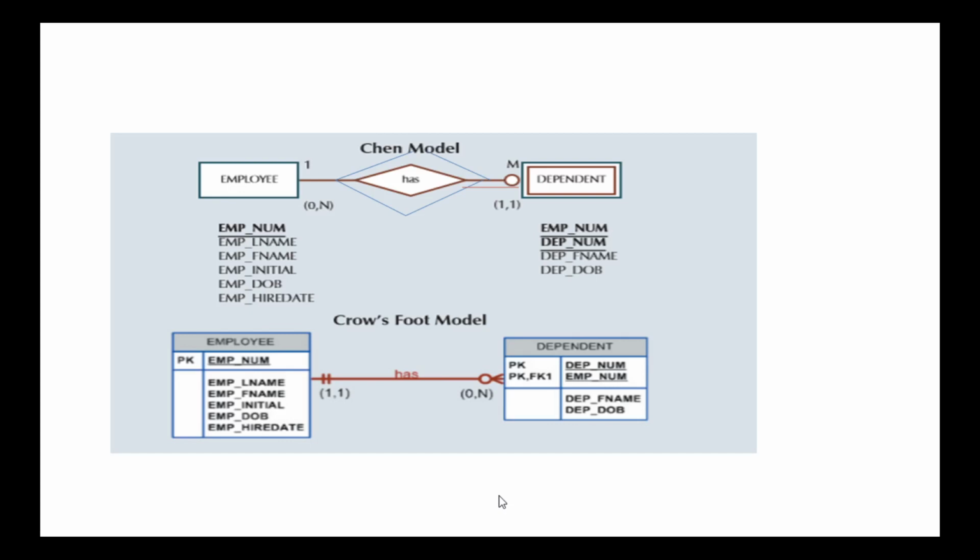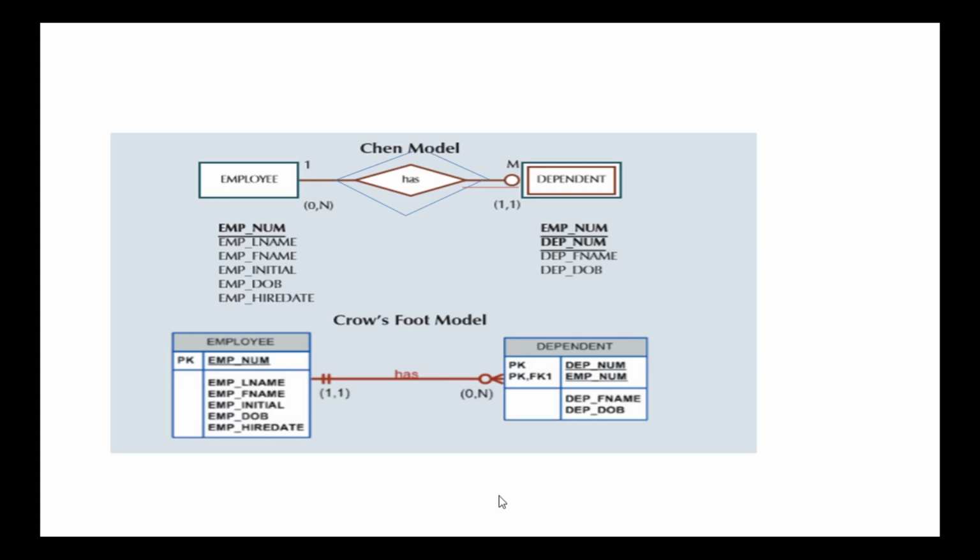Coming to the dependent entity, what does it contain? It contains the combination of employee number and dependent number as the key attribute. Actually, the dependent number is a partial key which is used to identify a group of instances in the dependent.